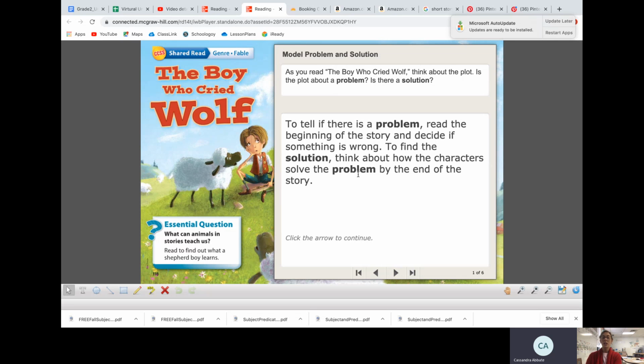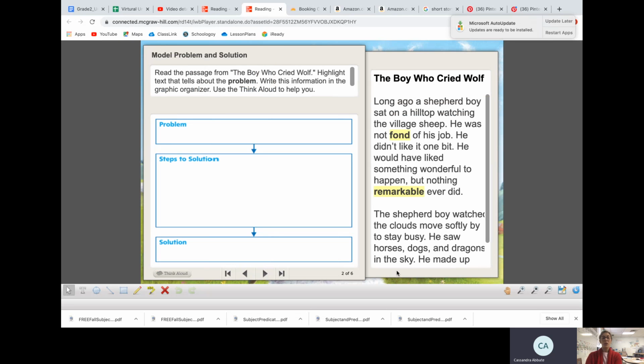That's really key: a problem is going to be stated at the beginning of a text, and a solution is going to be explained at the end of it. First, I want you to make sure you have something to write with and something to write on. If you don't have that, please go ahead and get that now.